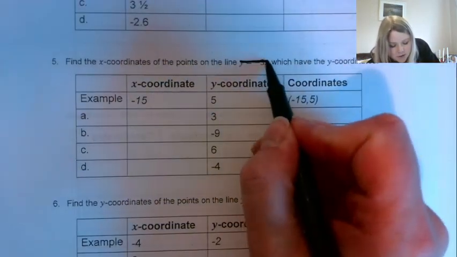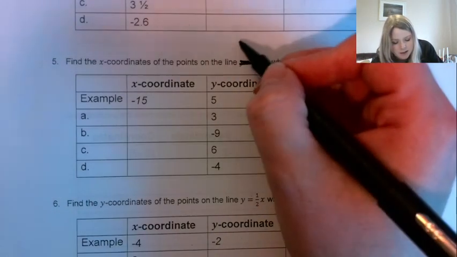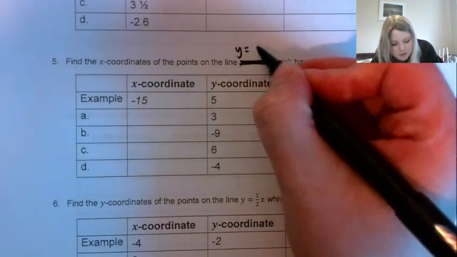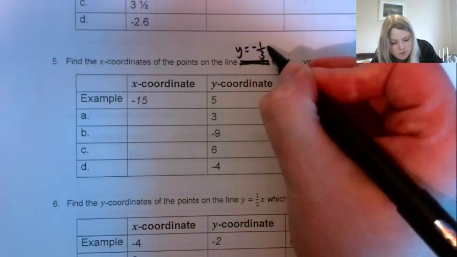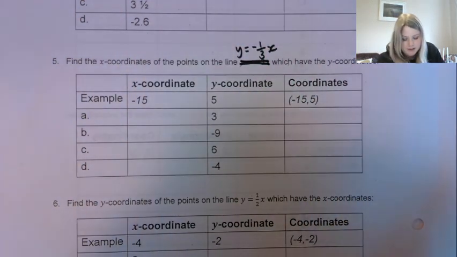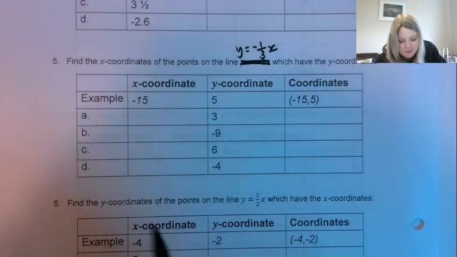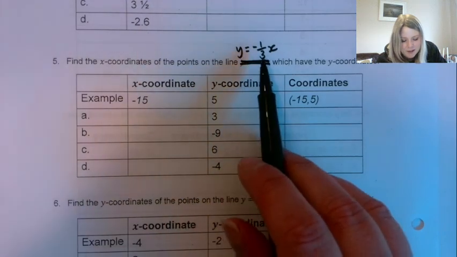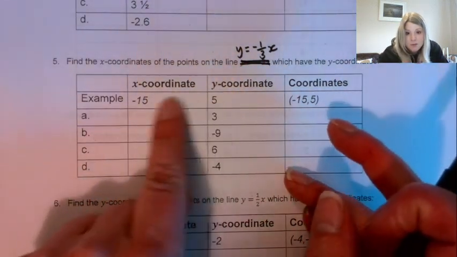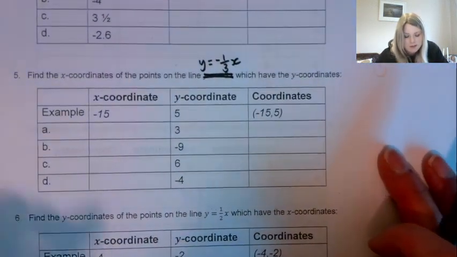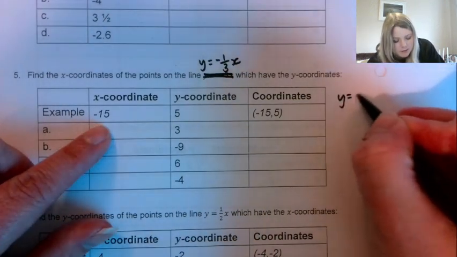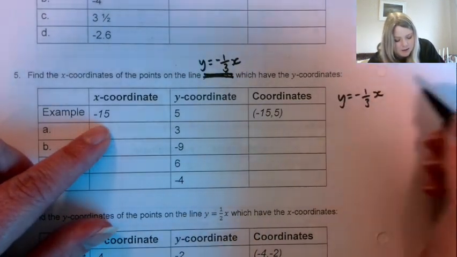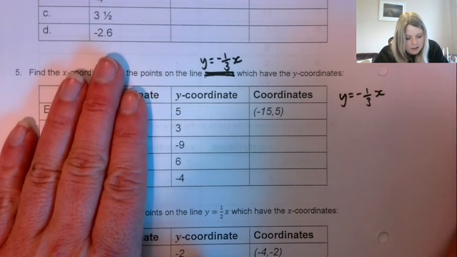So score this out. And this one should be y equals minus a third x, right? Oh, throwing the tricky things at you here because we've got fractions and negatives just to make your life awkward, okay? So y equals minus a third x. I'm actually going to show you how this one was done. I'll do it over here. So if y equals minus a third x, then we've been given the y coordinate.